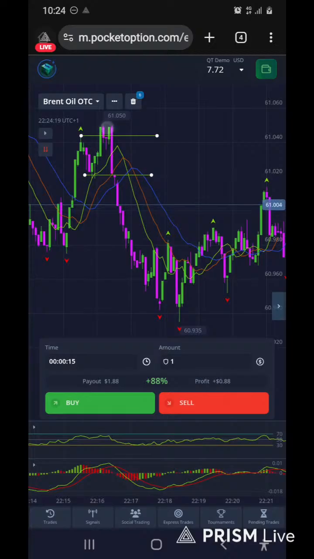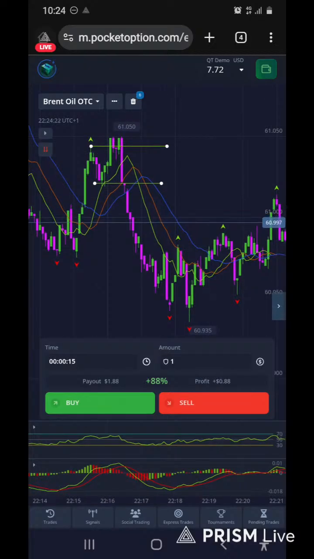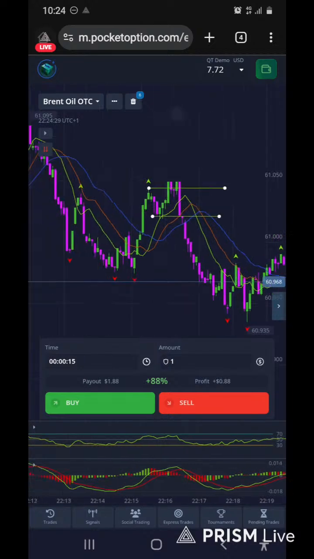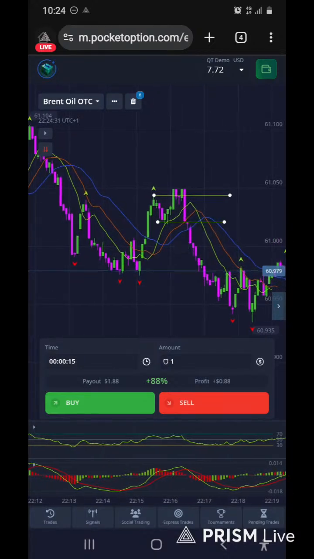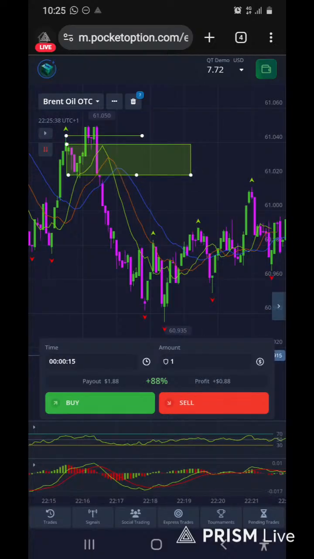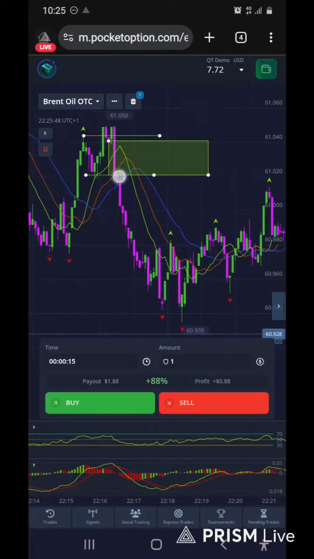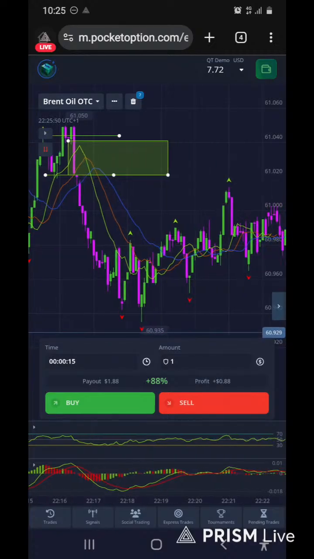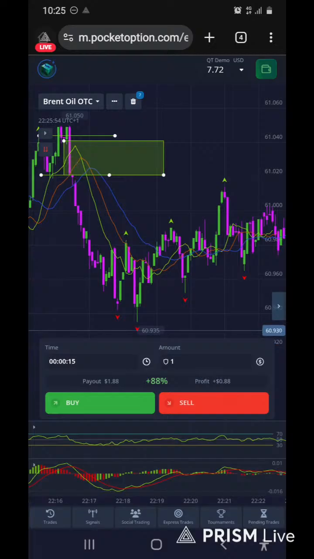So let me change the line. Below here again. This green first, this long candle. This is the third. This was supposed to be, but the third candle didn't really make a wick up here.